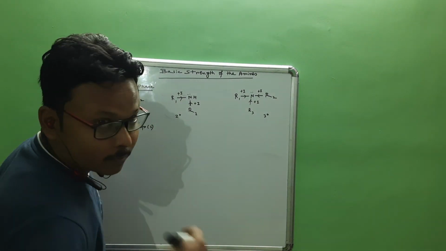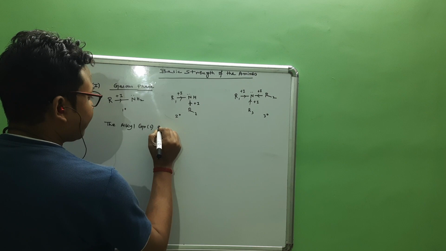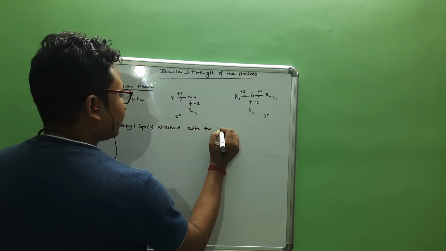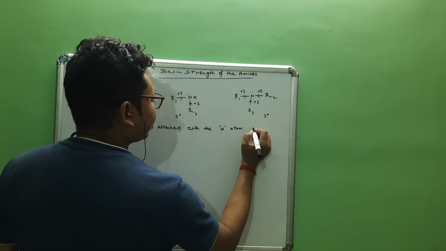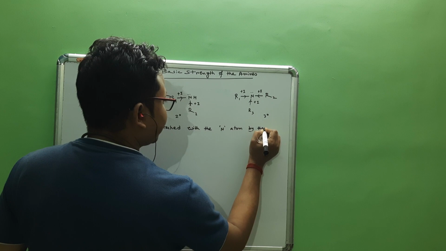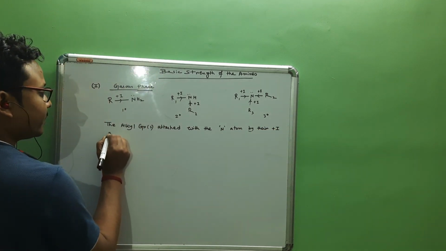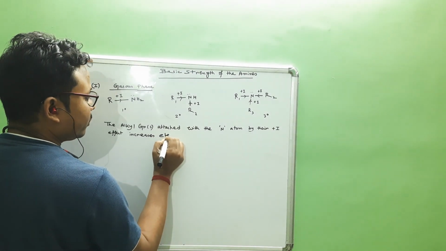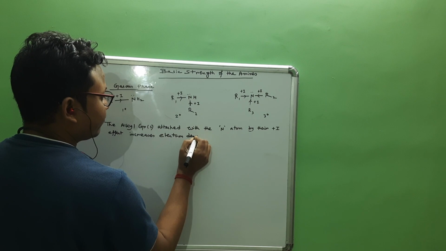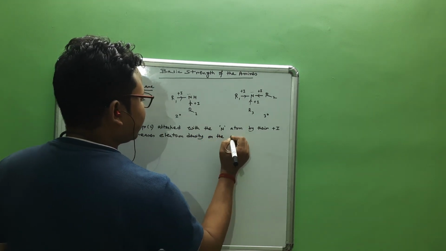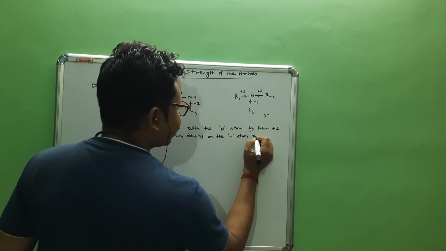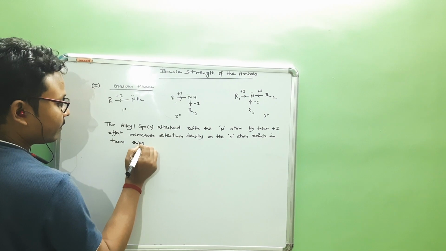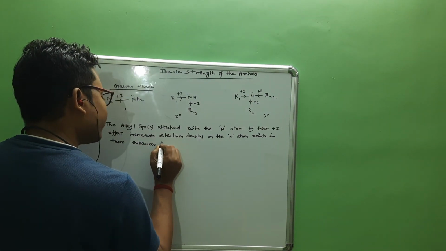So the alkyl groups attached with the nitrogen atom by their plus I effect increase electron density on the nitrogen atom, which in turn enhances its Lewis basicity.